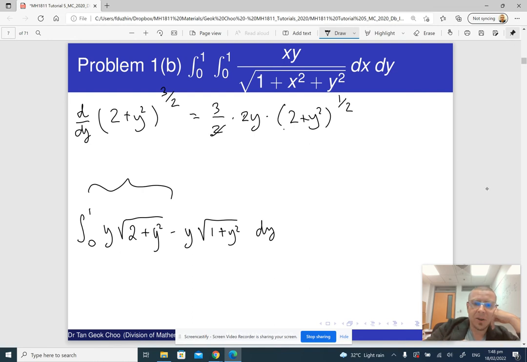Okay, and here 2 and 2 cancel out. So you will get exactly the same thing, only times 3. So in order to get exactly the same thing, you need to divide this by 3, right? So the antiderivative of this is really 1/3 times 2 plus y squared raised to the power 3 over 2.